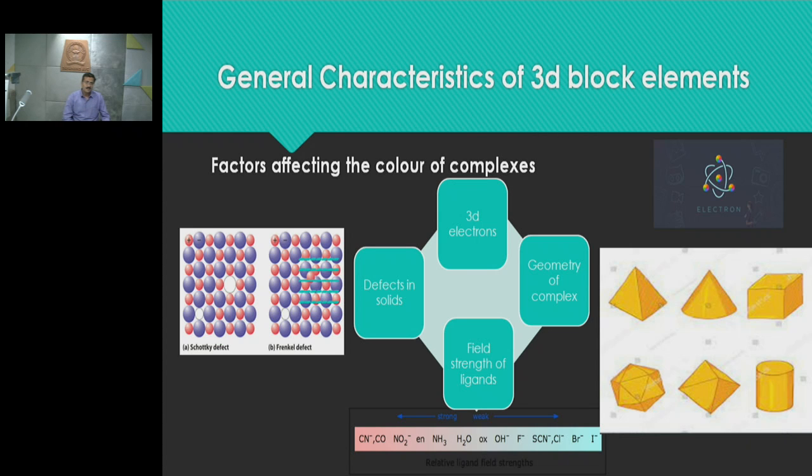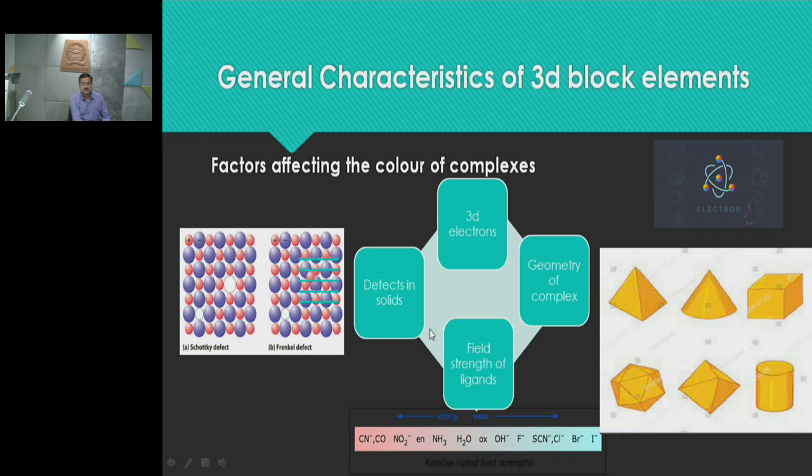Then another characteristic: what are the factors mainly responsible for the color of the complexes? There are different factors. Majorly, the electrons present in the d orbital. Second is the geometry of the complexes, which can be different, and that geometry plays an important role in the absorption of light in the visible region.